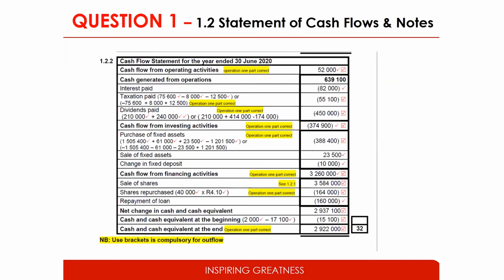For example, your cash generated from operations is 639,100 rand, which is positive. Your cash flow from investing activities is a negative of 374,900. And then your cash flow from financing activities is a positive of 3,260,000 rand. You just calculate it as normal to find the net change in cash and cash equivalent.